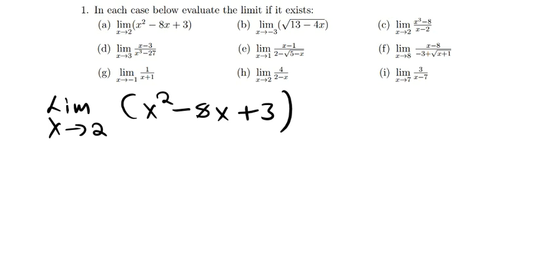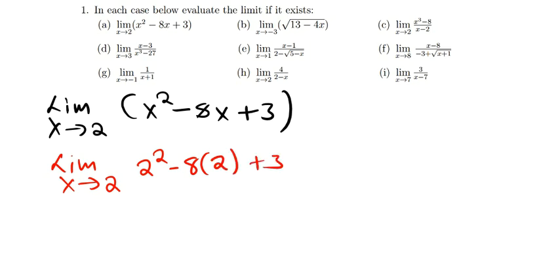Let's do that. We have the limit as x approaches 2. Where there is x, we put 2. So it will be 2 squared minus 8 multiplied by 2, plus 3. 2 squared is 4.